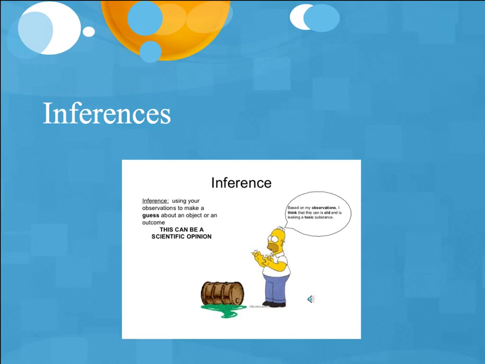So don't get that confused when you hear or see educated guess. When we're talking about educated guesses, we're not talking about testing them. We're talking about making inferences because you are guessing about what happened or why something is the way that it is using what you already know. Observation plus prior experience equals inference.